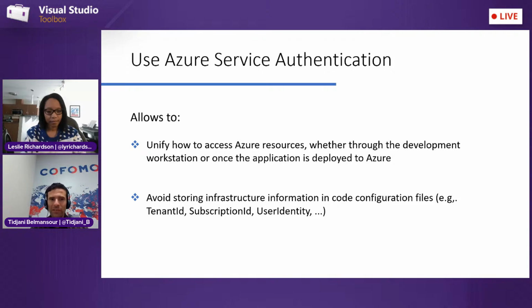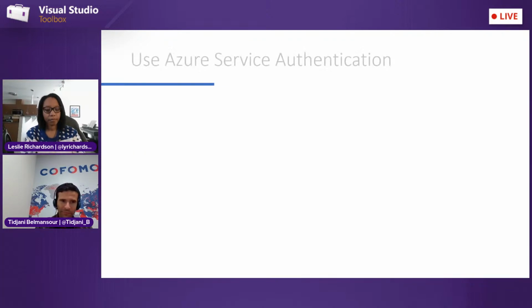So whether through our development workstation, or whether the application is deployed on Azure, on premises, or on another cloud, it's irrelevant where the application is running. And it also avoids storing this sensitive information in a configuration file.